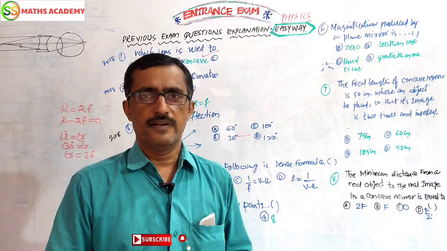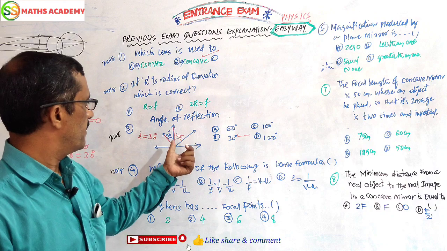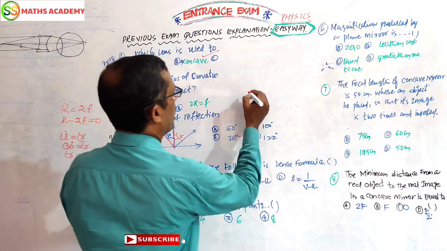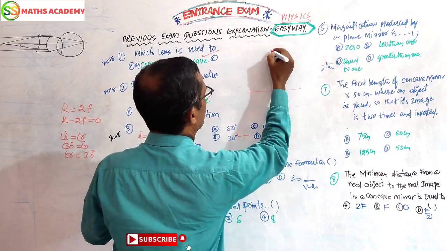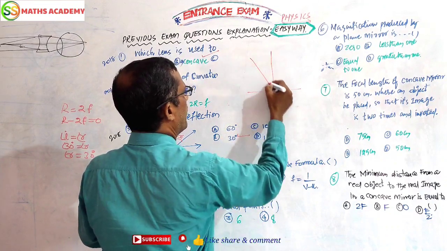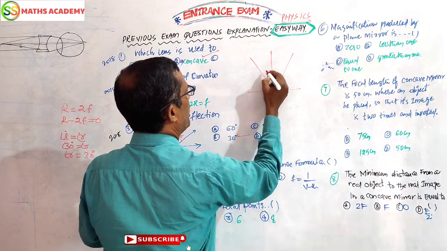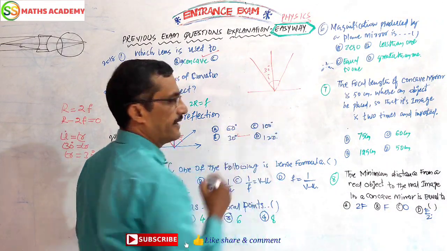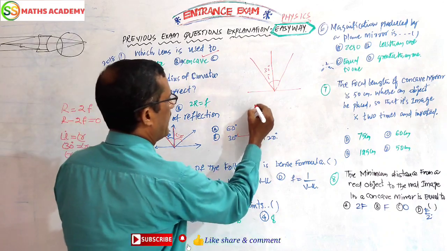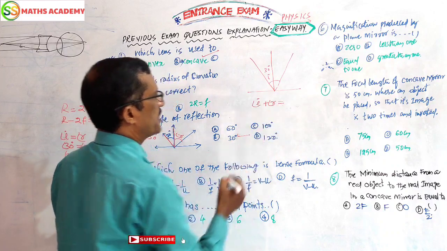Sometimes different types of twisting questions may be asked based on this diagram. Let us see what kind of questions come in the examination. Suppose I equal to 30 degrees is given. Here they are asking for the sum of the angle of incidence and the angle of reflection.